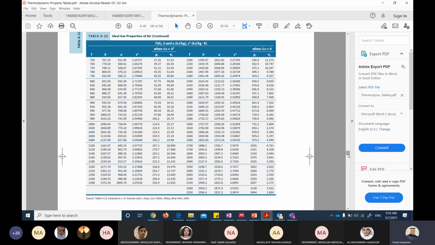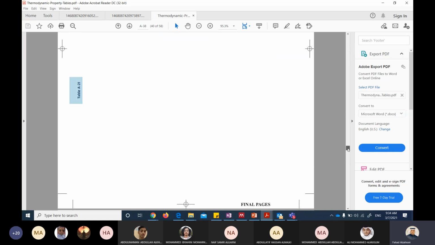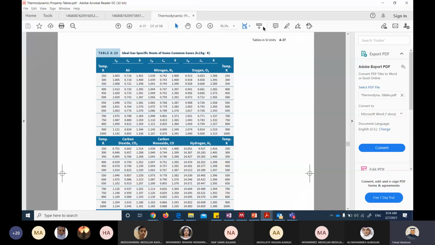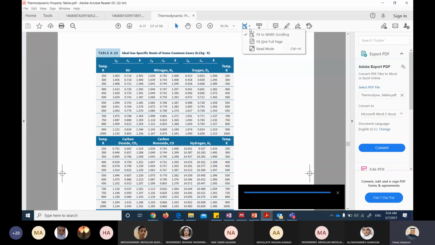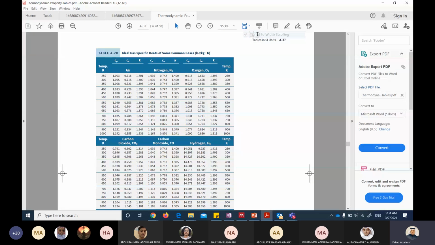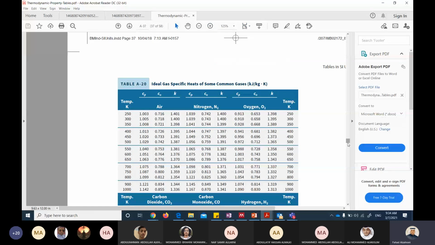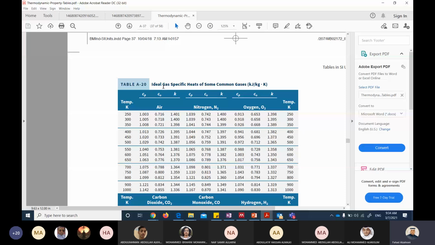The idea is that in table A20, if you go to table A20, or yes, this table here, okay? So in this table you see that it gives you ideal gas specific heats of some common gases.